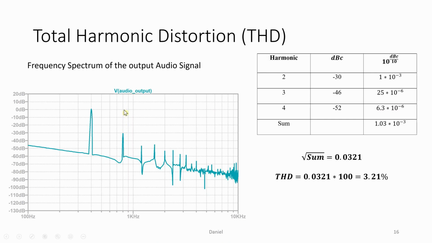This is how we calculate the dBc. Then for the third harmonic, we take the difference between this peak and that one, and we have minus 46 dBc. Then I took this one as the fourth harmonic.